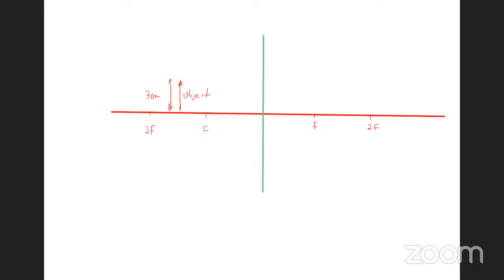Anybody remember what to do? Convergent. All is convergent for now. So draw a line from the top through the lens and to the focal point. All right, so draw it like that.